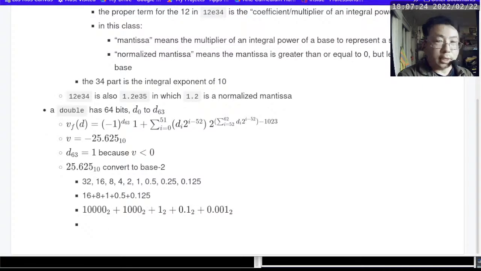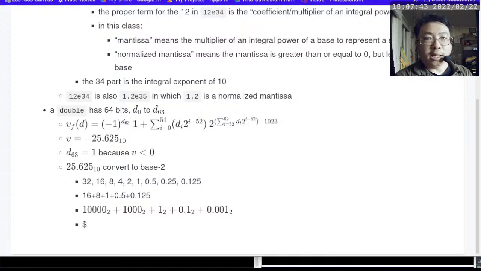So now we have all the components of the base 2 representation, and all it takes now is to just add these up. And you might say, but when we're adding binary numbers, shouldn't we worry about carries? Not in this case, because we can only have up to 1 for each bit position. So there's no way we can end up with a carry.